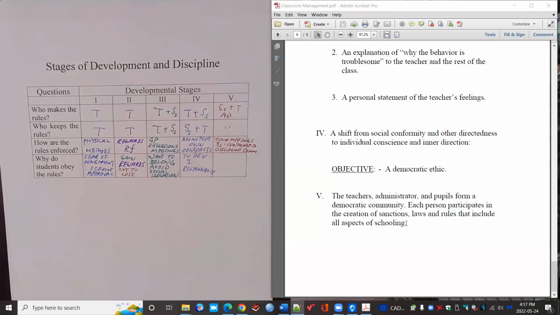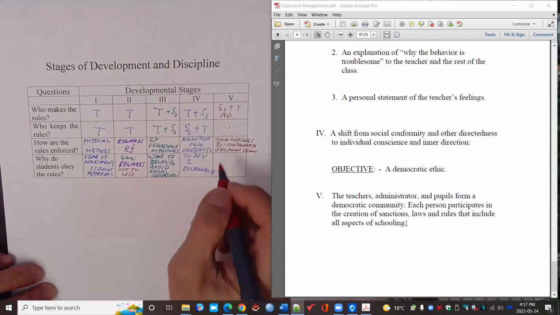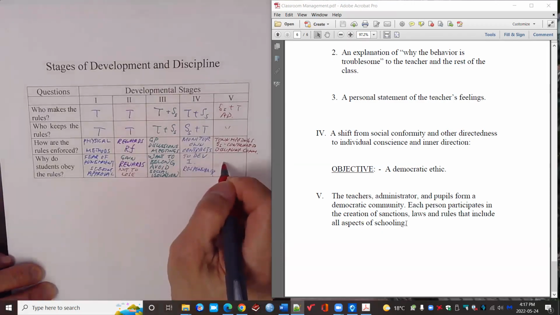Now, why do students obey the rules? Look at the tall order here: out of an understanding of principles of justice and the meaning of a democratic community of rights and responsibilities. Okay, this is very much like Kohlberg's stage 5. Is that right?